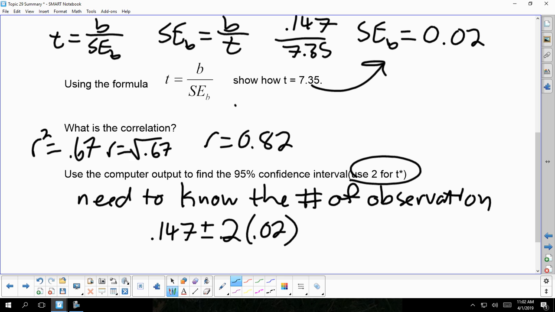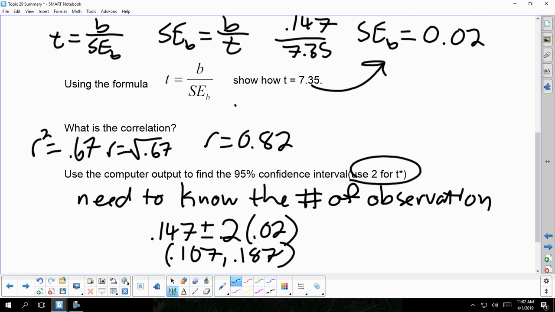So I get 0.147 minus 0.04, which gives 0.107, and then 0.147 plus 0.04, which gives 0.187.